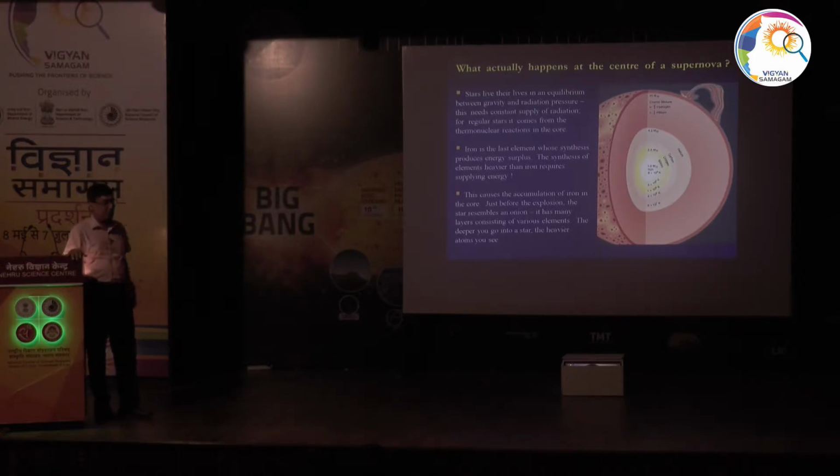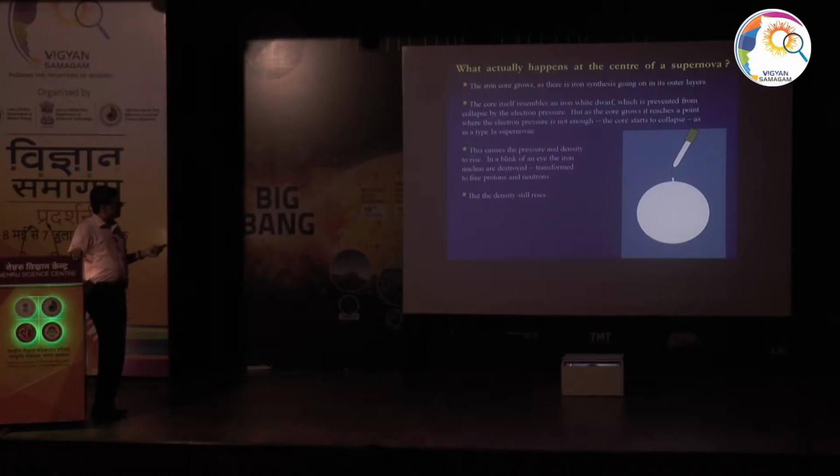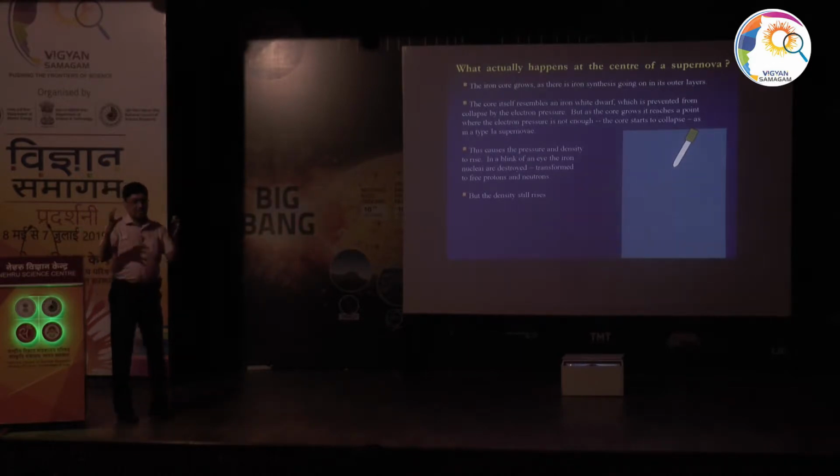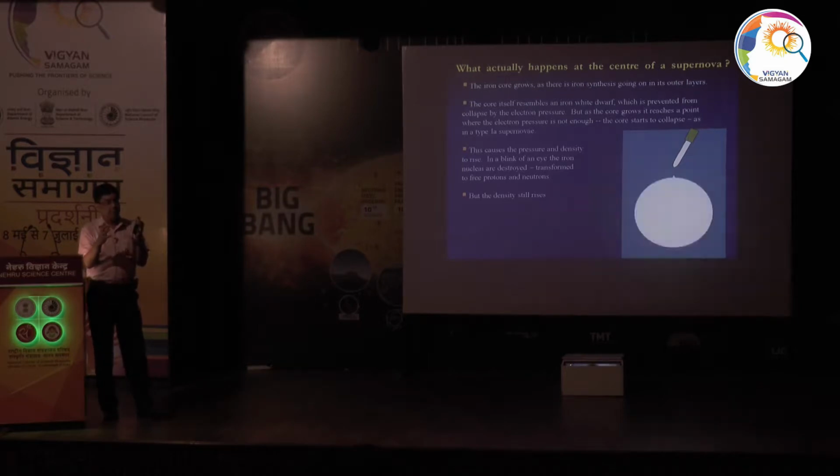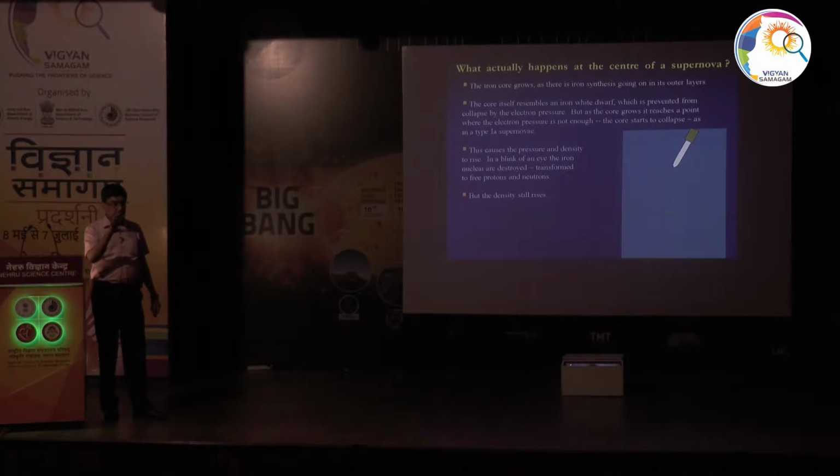each containing different species of the things which it has fused during the course of the reaction. Now what happens when gravity tries to compress that remaining core which has iron nuclei? An atom has a center which has protons and neutrons, and then a large electron cloud.